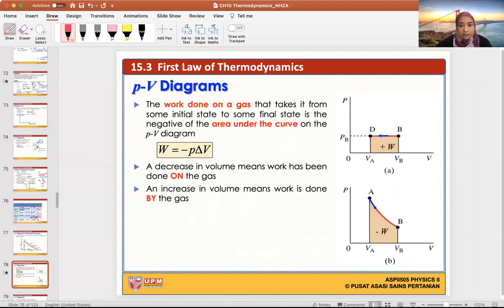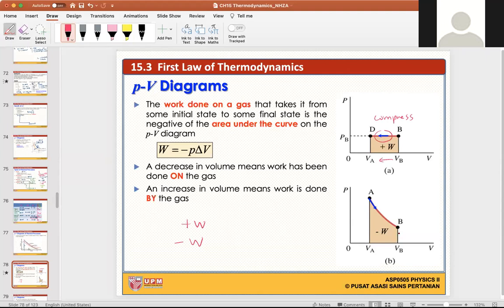And then the work done on the gas is actually the area under the curve. How you determine whether it's positive or negative work depends on the direction of your arrow. This is compression because the volume is going to smaller V. And if you are going to this bigger V, you are expanding.